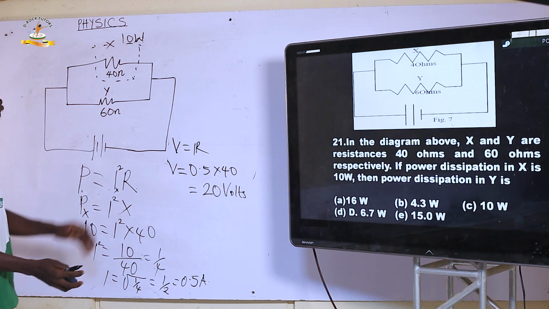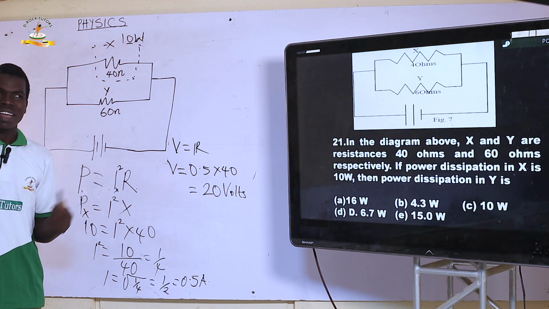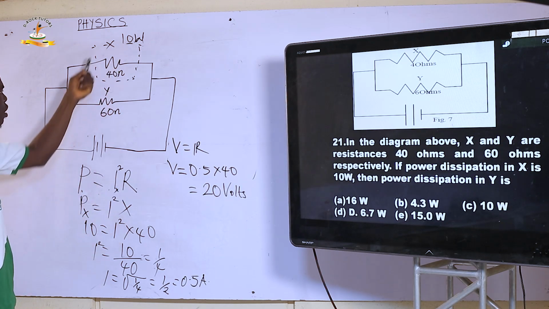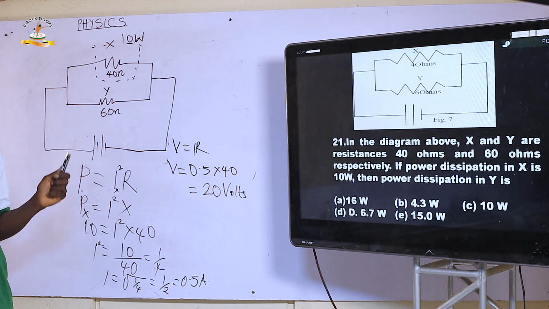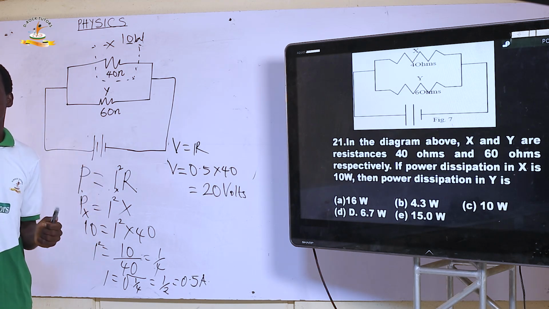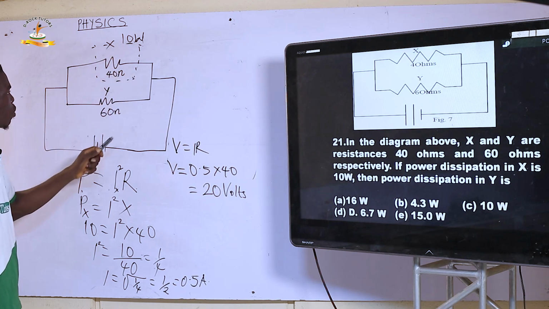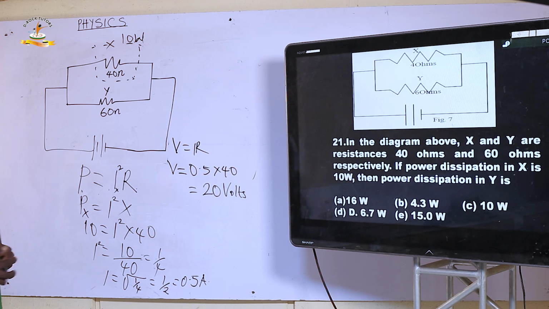That is the total voltage drop across X. Why do we need this? Because this is a parallel circuit, and in a parallel circuit the voltages are the same. So this same 20 volts in X will be the same 20 volts in Y.